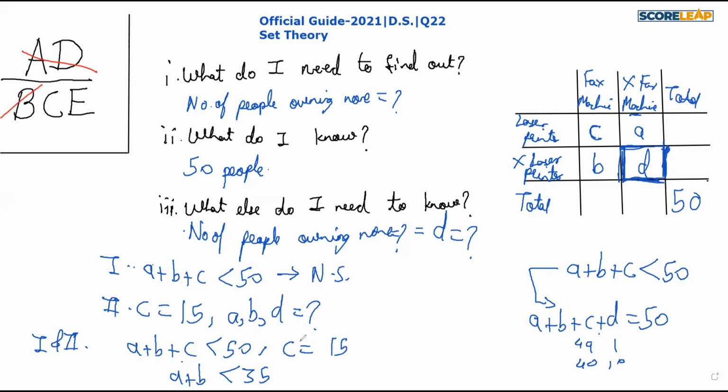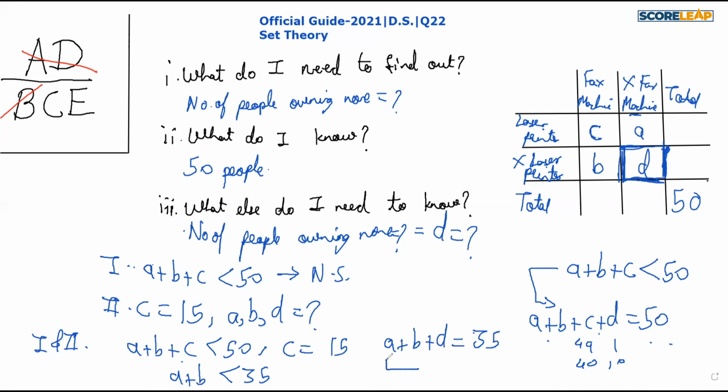We are subtracting C from both sides, which means subtracting 15 from both sides. Removing C from the equation, we get a new equation: A plus B plus D equals 50 minus 15, which is 35. And A plus B is less than 35.